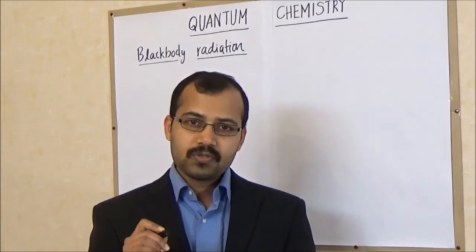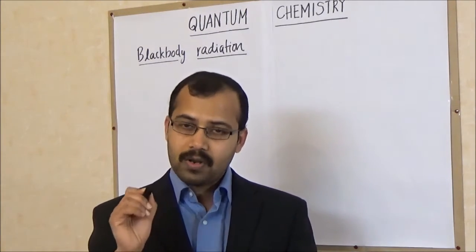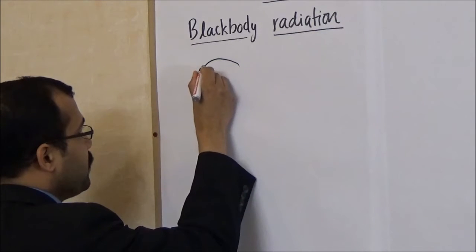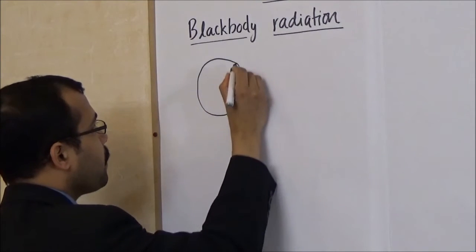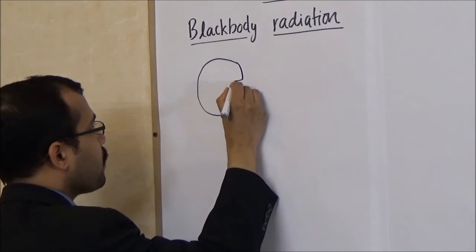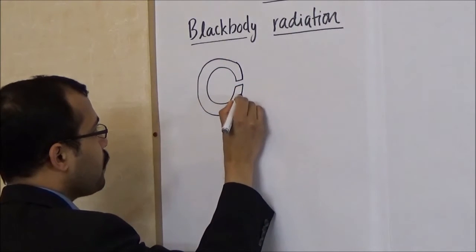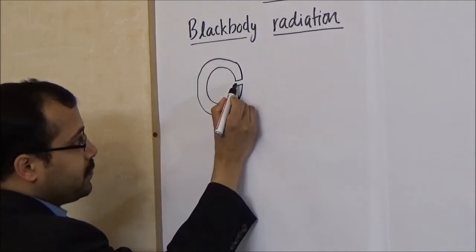A close approach to a blackbody is a hollow enclosure with a small hole in it. This is a hollow enclosure with a small hole here.